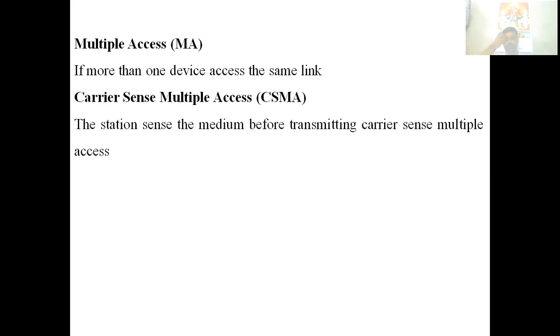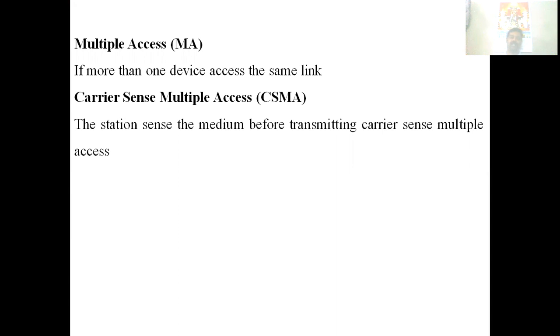What does multiple access mean? If more than one device is accessing the same link, then it is called multiple access. Next, carrier sense multiple access means the station senses the medium before transmitting. So before transmitting, the station will sense the medium.